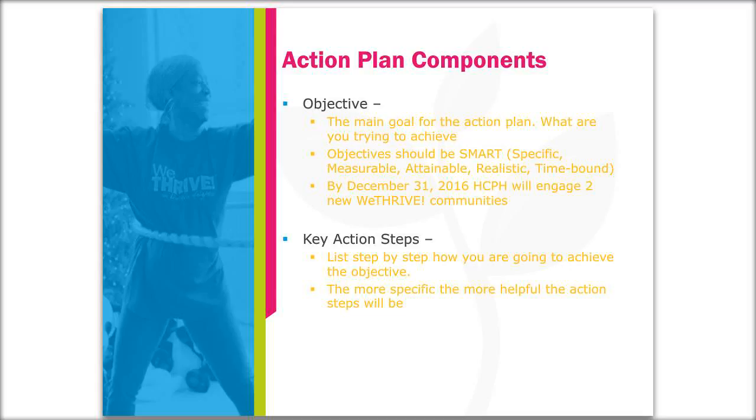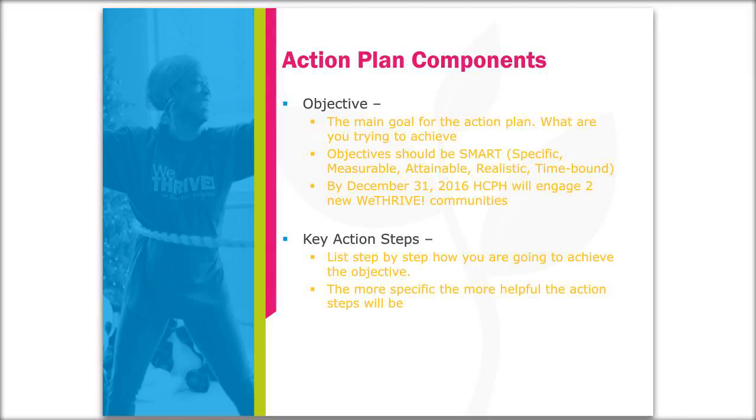You want your objective to be SMART, which means it should be specific, measurable, attainable. Could you actually get to that? Realistic, will it work within your community? And time-bound, which means by when are we going to get this done? So a sample one would be: by December 31st, 2016, Hamilton County Public Health will engage 2 new We Thrive communities.